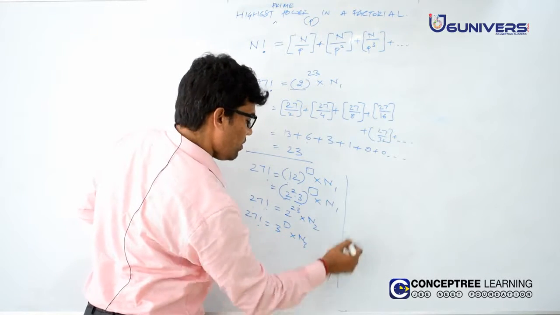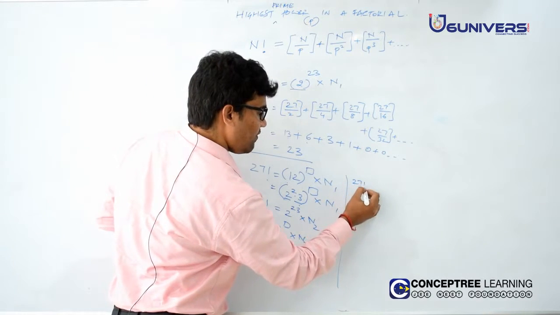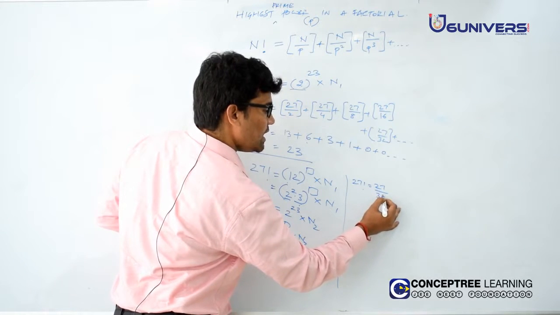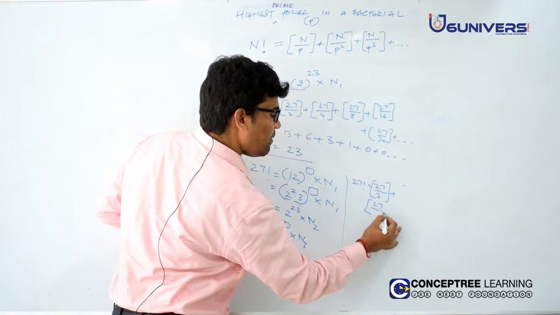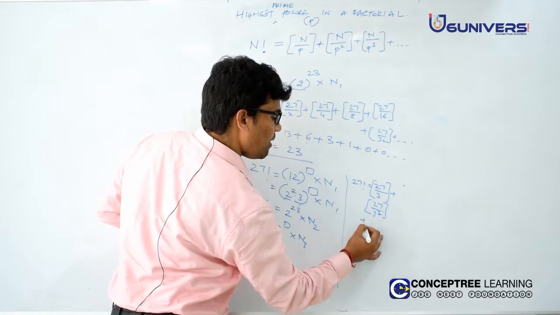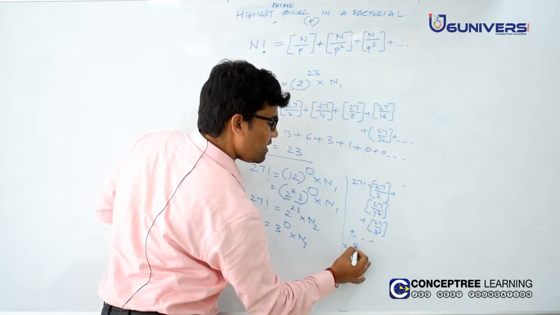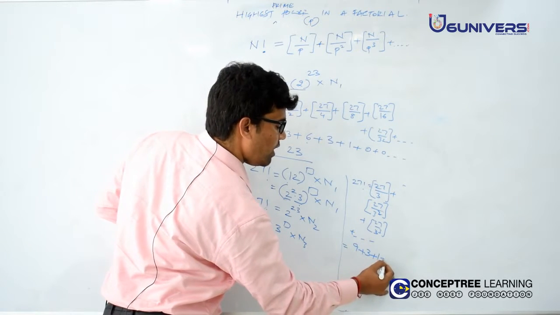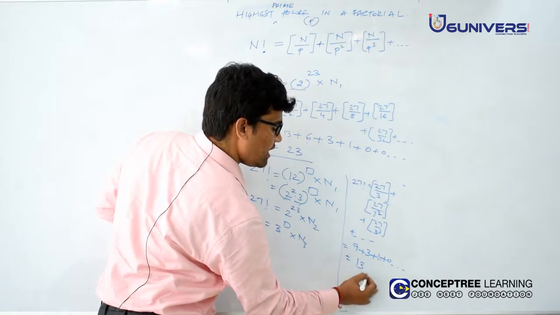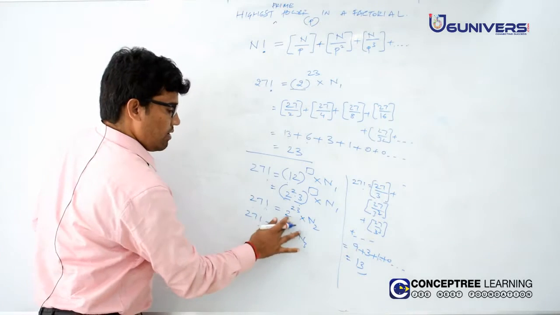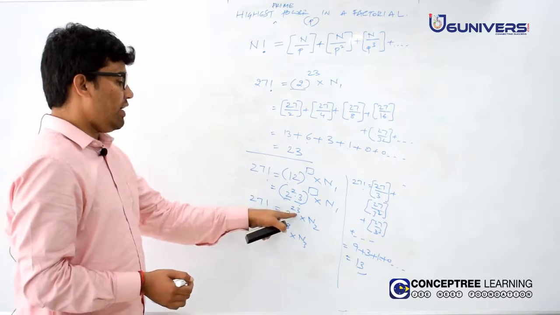And if we quickly do that here alongside, we will figure out that 27 factorial, the highest power is 27 by 3 greatest integer function plus 27 by 3 square plus 27 by 3 cube, and so on. So this quickly turns out to be 9 plus 3 plus 1 plus 0 and so on, which is 13. So 27 factorial has a 3 power 13 and a 2 power 23.